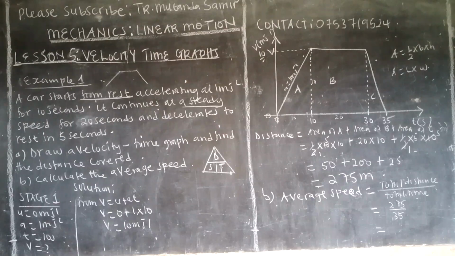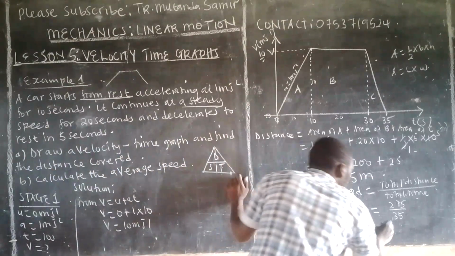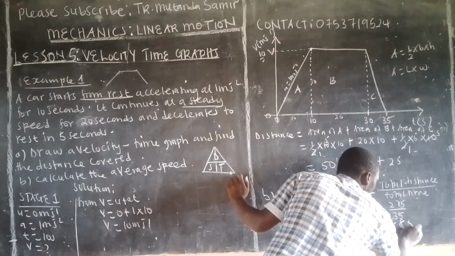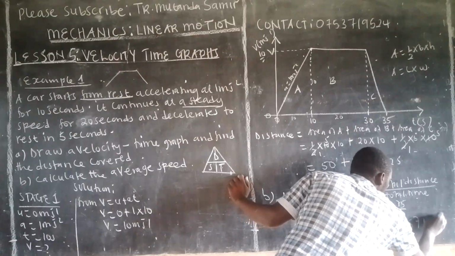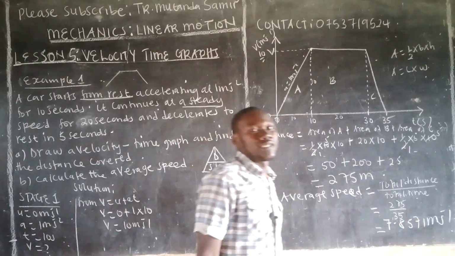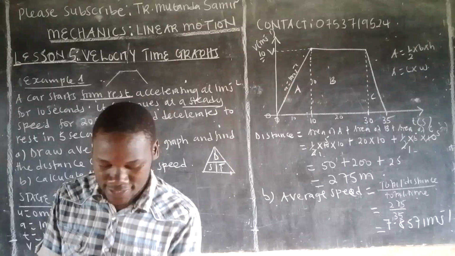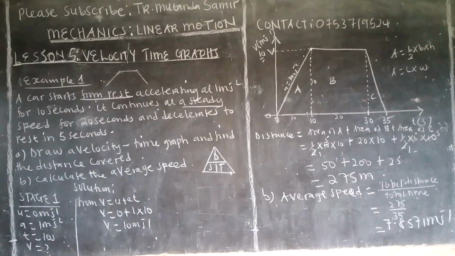So your average velocity will be 7.8571 meters per second. As simple as that. That's how simple the velocity-time graphs are.